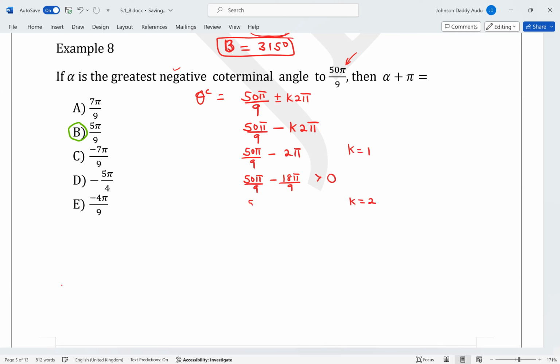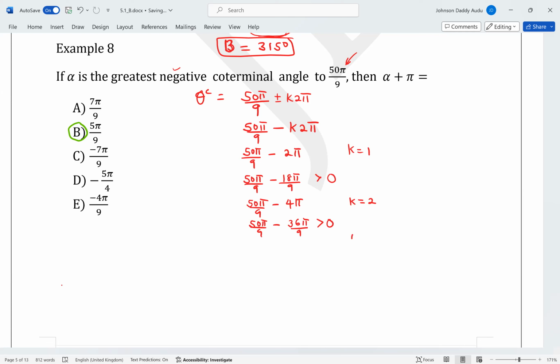If you try k equals 2, you will have 50 pi over 9 minus 4 pi, which we can write as 36 pi over 9. This is still going to be positive. So it means we cannot use this.